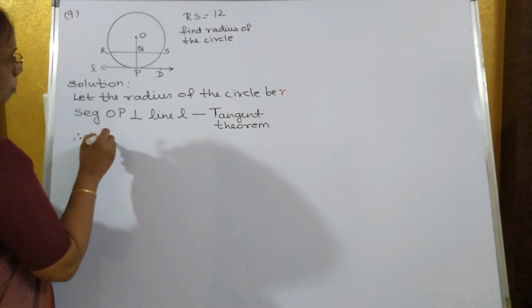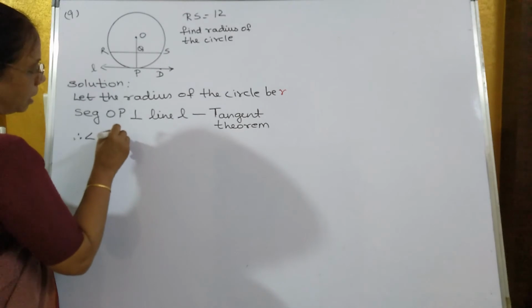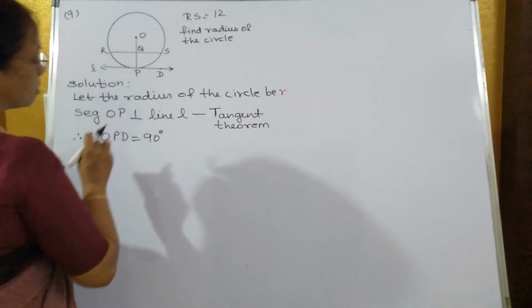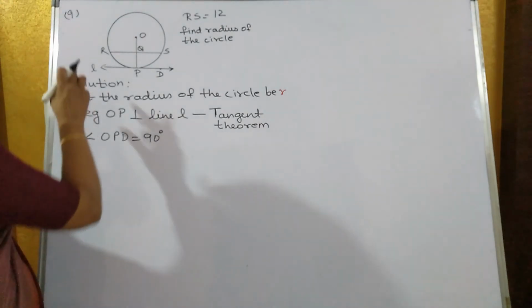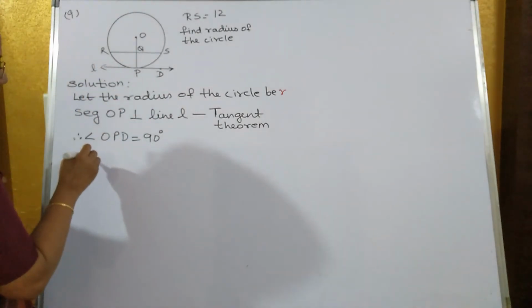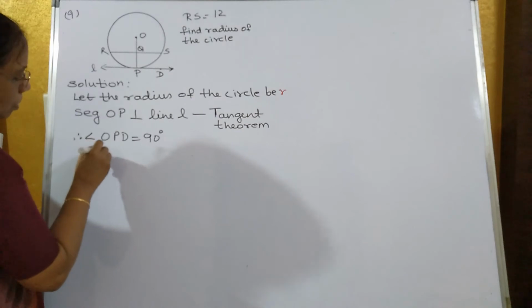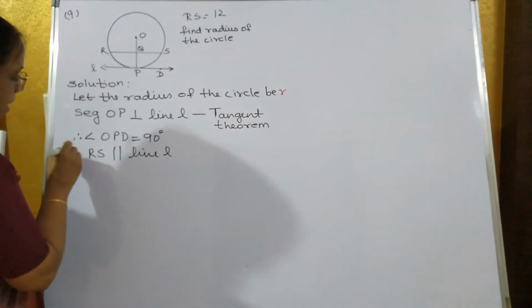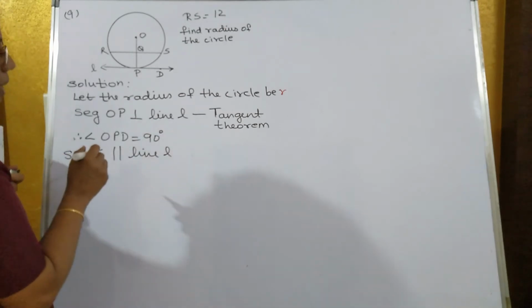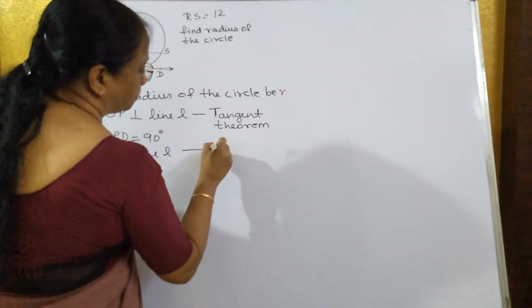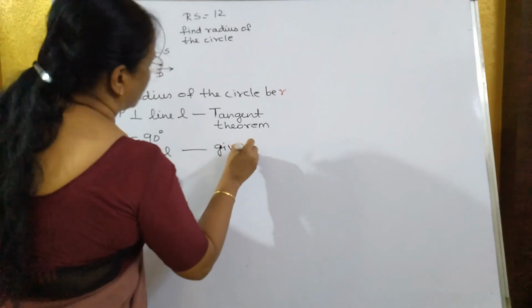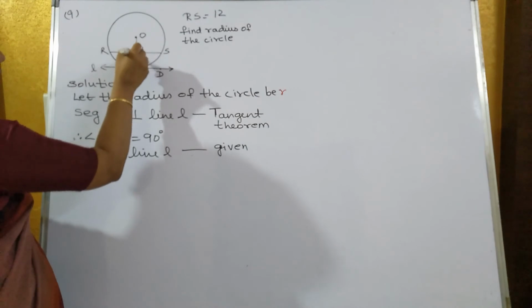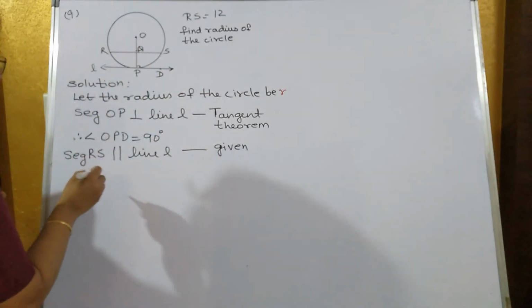Therefore angle OPD is equal to 90 degrees. Why? Because it is perpendicular. Now seg RS is parallel to line L, given. Therefore this angle we had got 90, so this will also be 90. What type of angles are they? Corresponding angles.